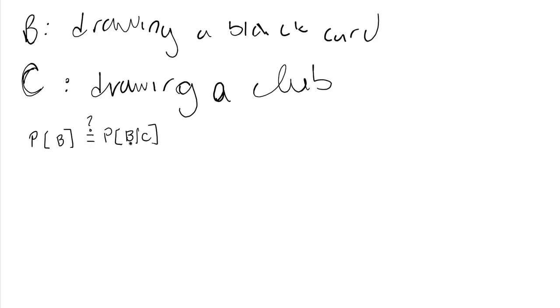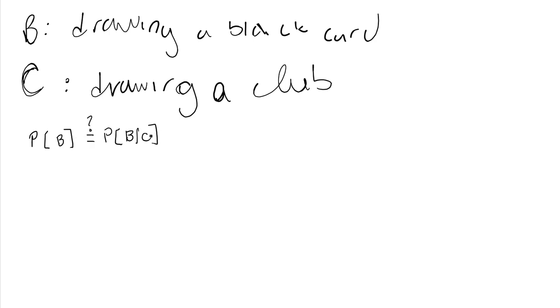Given that you draw a club, okay? And if you think about just in reasoning, if you draw a club, it's necessarily a black card, right? So before, drawing a black card was like 50%.